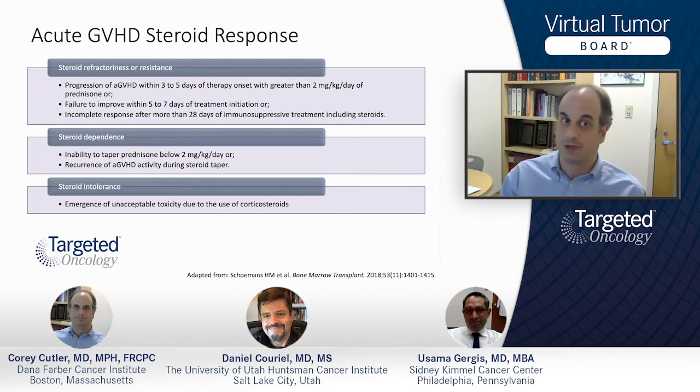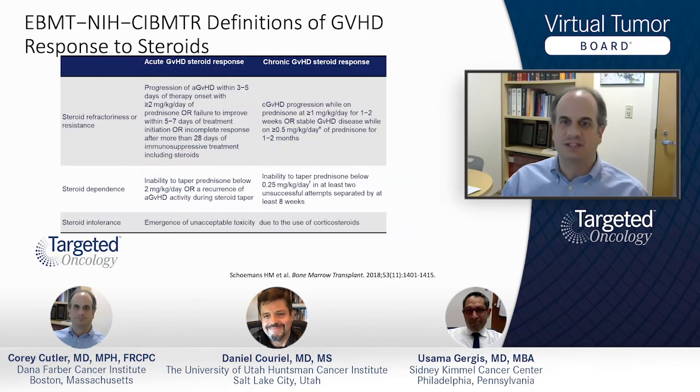And then, as Usama mentioned before, there is this scenario of steroid dependence, during which you can obtain a clinical response, but you're unable to taper the steroids off completely. And so there are several variations of these definitions, but on this slide here, we have the standard EBMT, NIH, and CIBMTR definitions of steroid responsiveness.